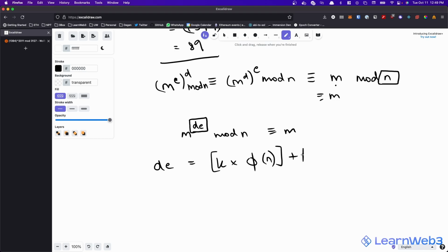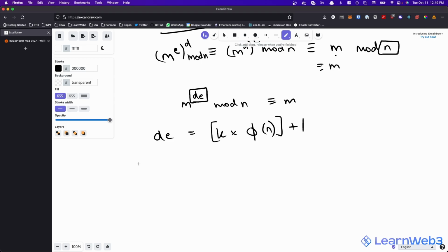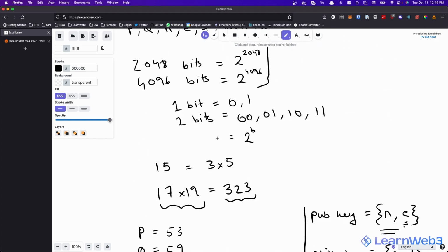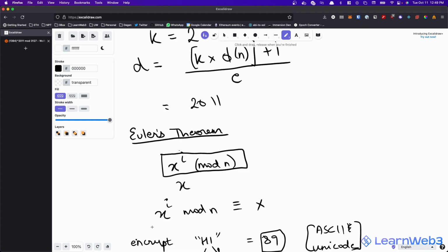And this is actually Euler's theorem, where Euler's theorem states that the magic exponent is reached when i grows to k times phi n plus 1.